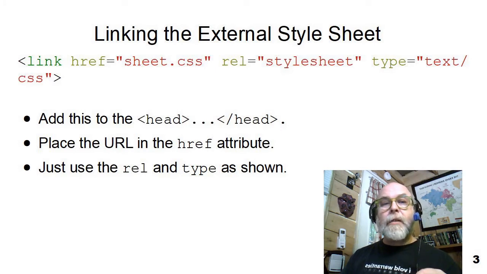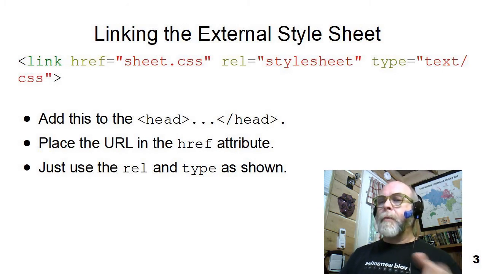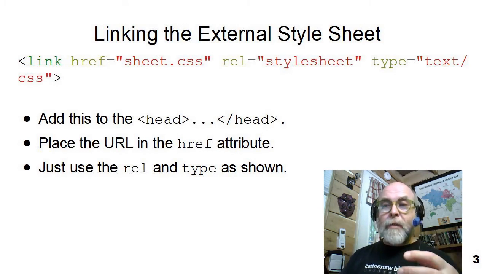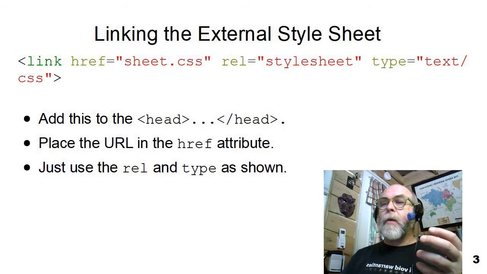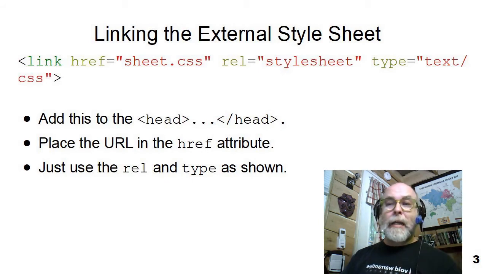That text file needs to have the extension .css instead of .html like your HTML file or .txt like text files and other files, because an external style sheet needs to be .css. Use your text editor, whatever text editor you happen to be using, to open up that new empty file, and we can then start putting our style in.